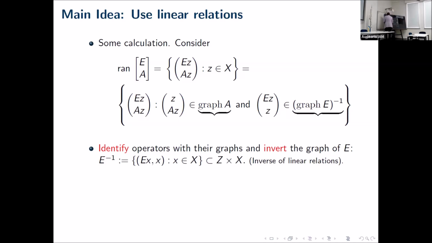Why should one do this? Well, we want to generalize the notion of linear operators. But an operator is not a subspace. So what is the corresponding subspace? Let's say A is a bounded linear operator on X. What is the corresponding subspace?